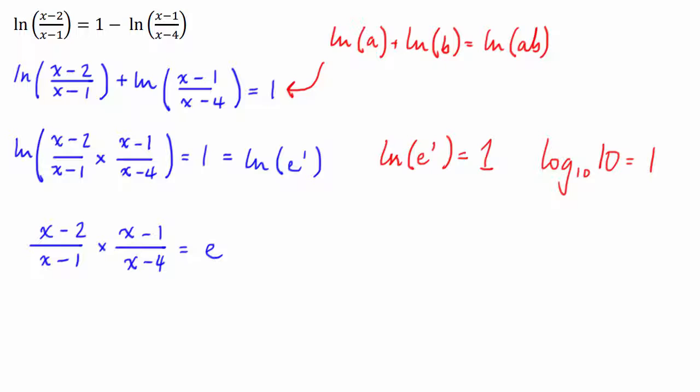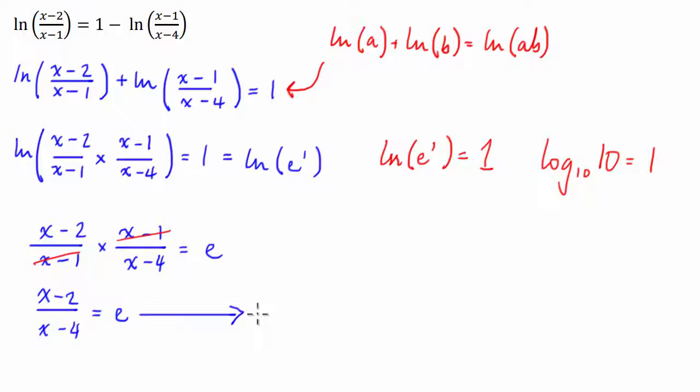It's hopefully quite self-explanatory that the x take 1s will cancel out. We can get rid of them, and write the left-hand side as a single fraction: x take 2 on x take 4 is equal to e. As you can see, guys, we're on the final stretch here. Now I'm going to take the x take 4 to the other side.